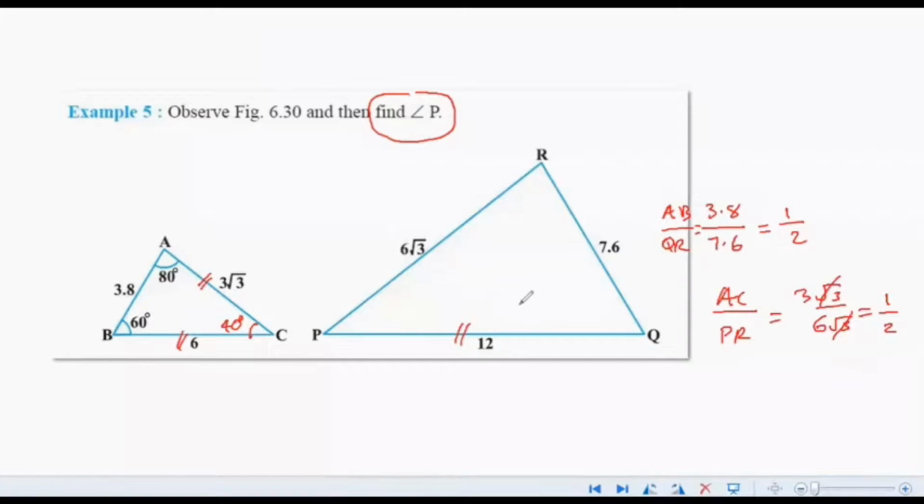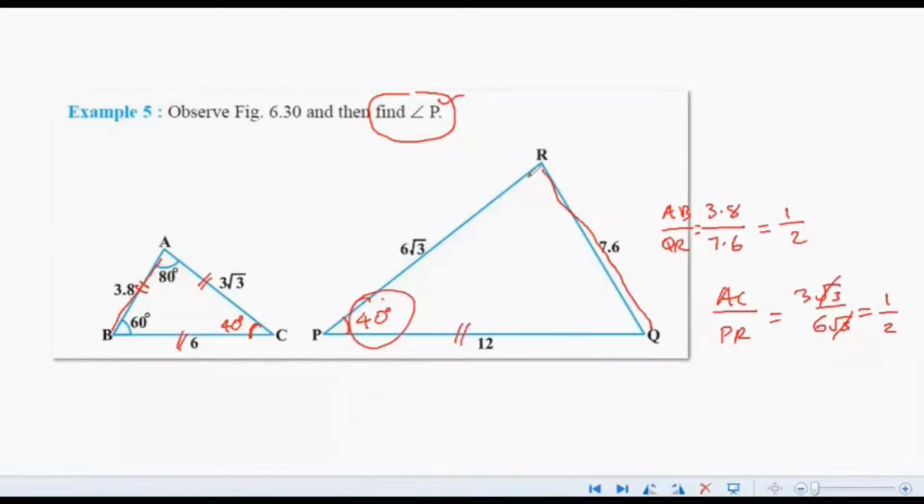In other terms, the angles opposite to corresponding sides will be equal. AB corresponds to QR, the smallest sides. The angle opposite to AB in the first picture is 40, so the angle opposite to QR in the second triangle should be 40. So that's our answer. Angle P is equal to 40 degrees.